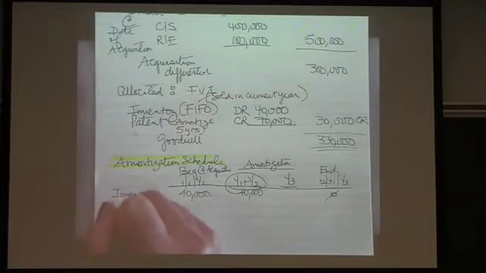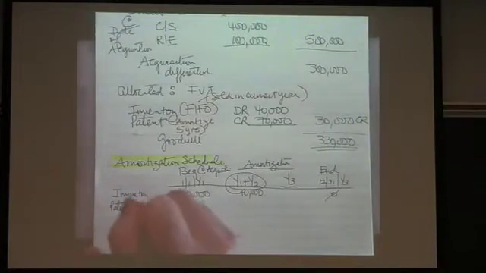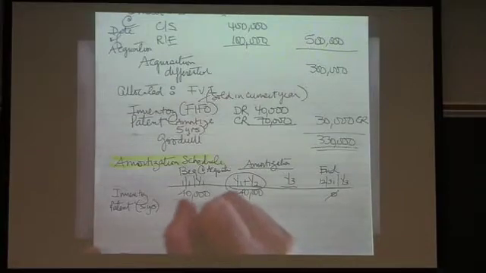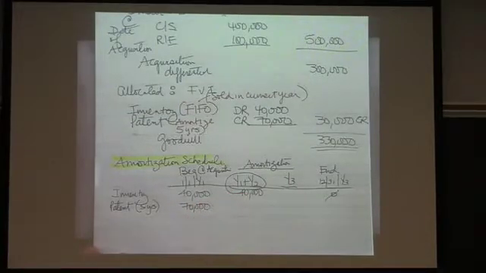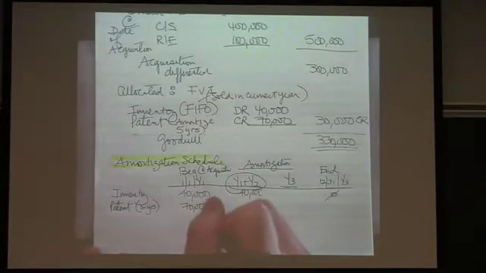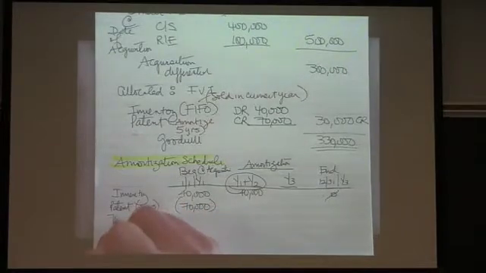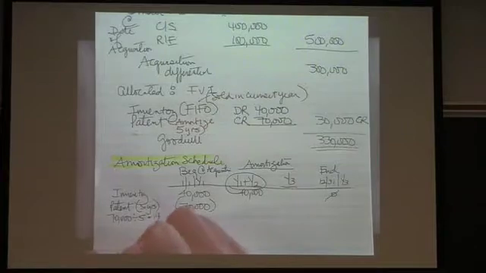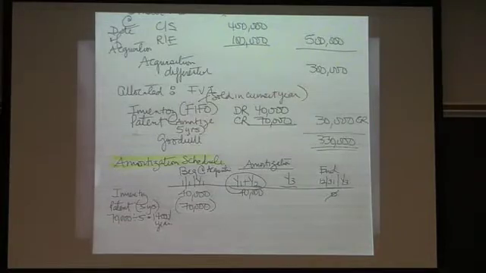Patent, we know, had a 5-year useful life, and that was $70,000. So if you think about this, we're going to amortize the 70 over 5 years, and that's $14,000 per year.